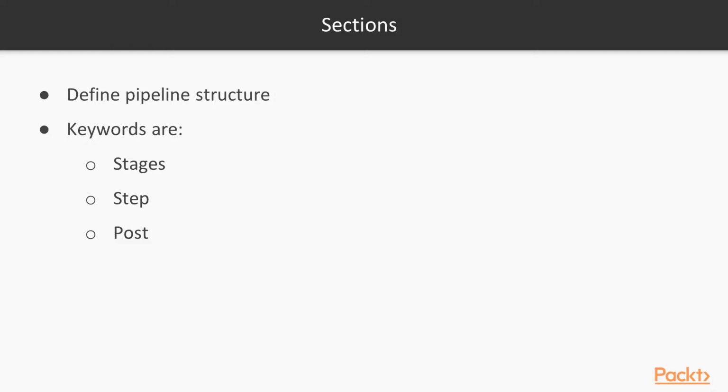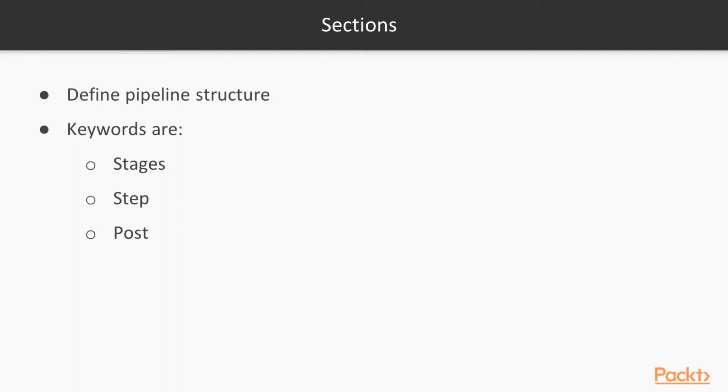They are defined with the keywords stages, steps, and post. Stages defines a series of one or more stage directives. Steps defines a series of one or more step instructions. Post defines a series of one or more step instructions that are run at the end of the pipeline build.